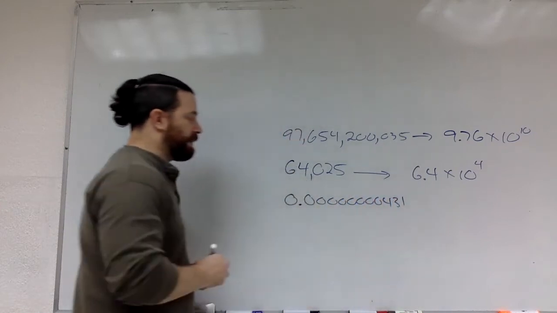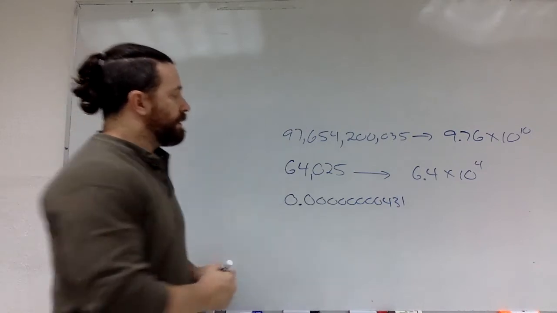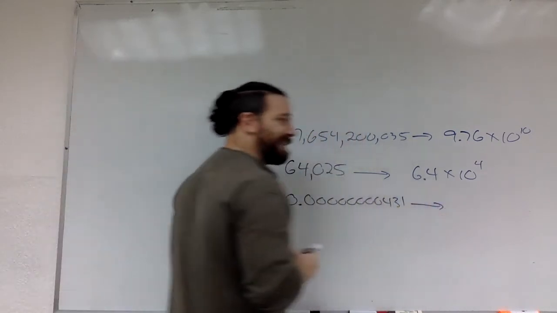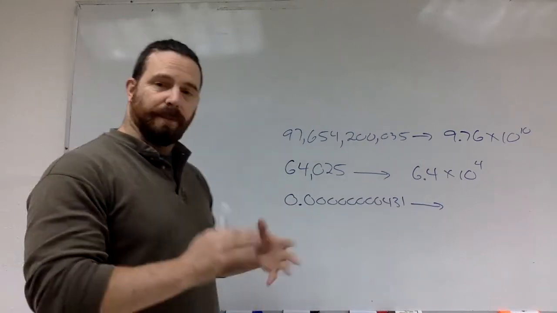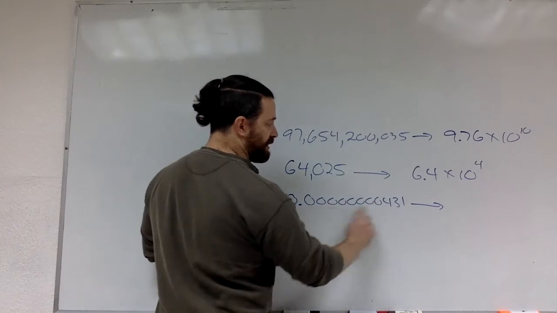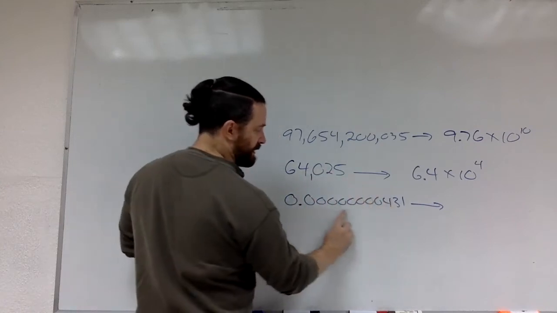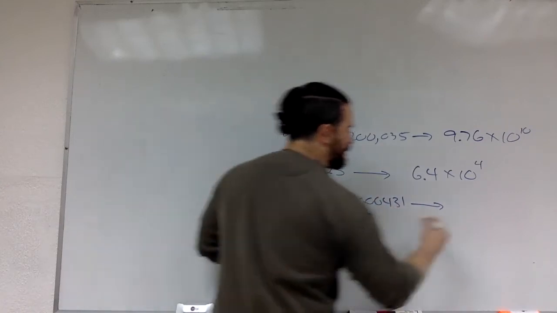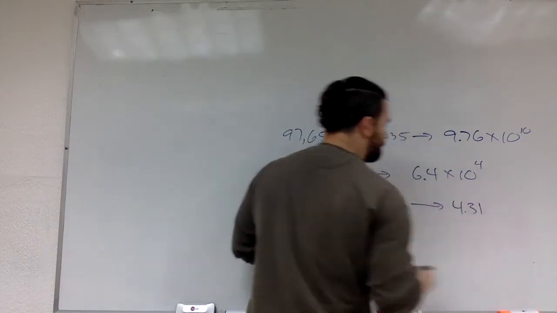0.00000000431. Now, when we write this in scientific notation, the process is still the same. I'm going to put a decimal behind the first digit that's not 0. In this case, that's going to be right there. So this is going to be 4.31.